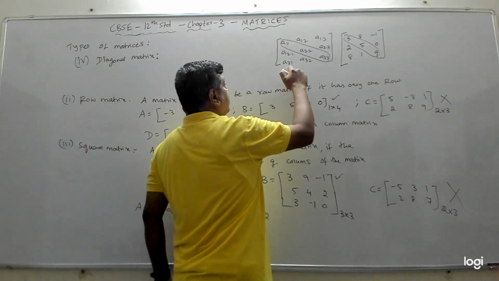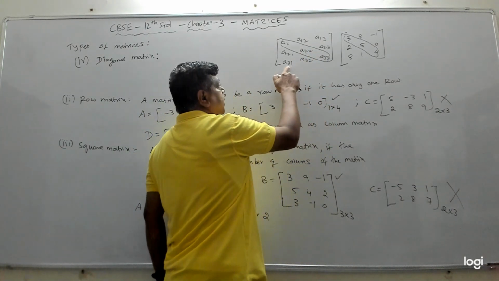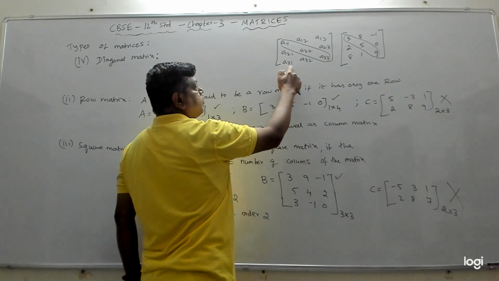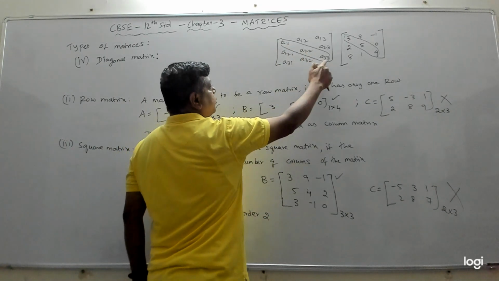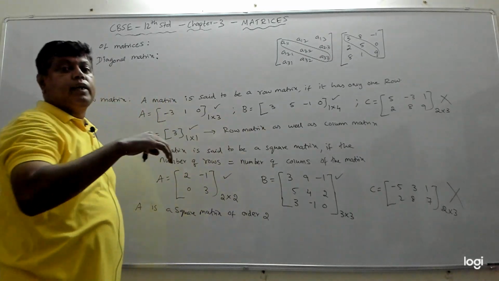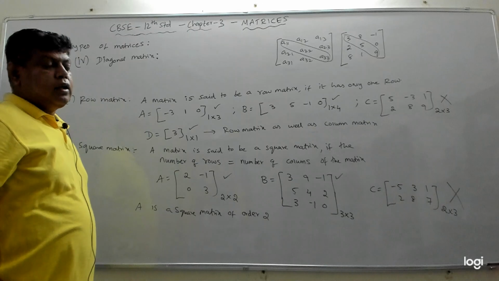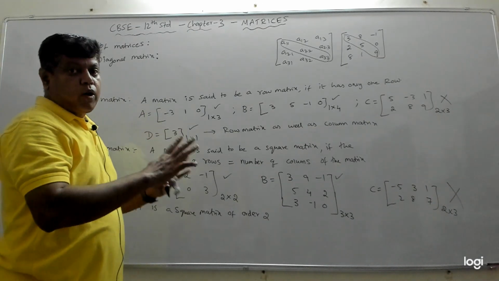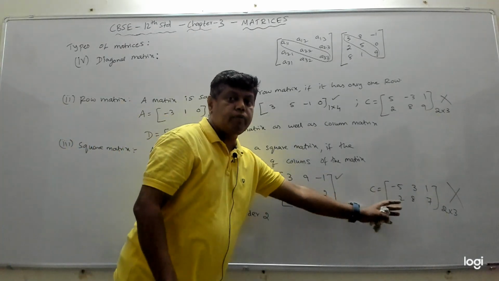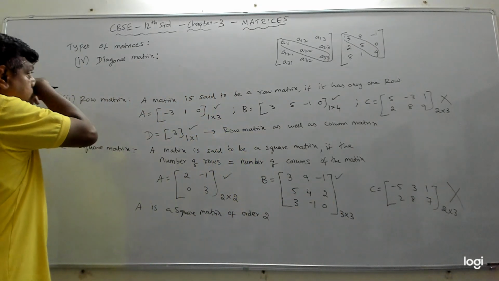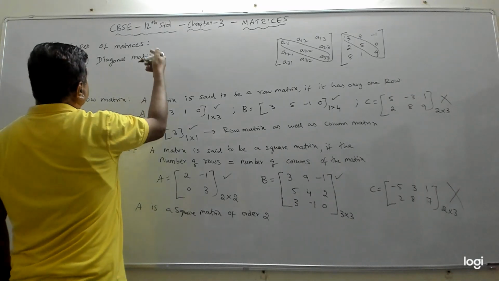The others are not called diagonal elements because i and j should be the same. This is A31, and 3 and 1 are not the same. Whenever they are the same, A11, A22, A33, they are called diagonal elements. All other elements are called non-diagonal elements. Diagonal elements we can define only for a square matrix. If it is not a square matrix, then we can't even talk about diagonals.